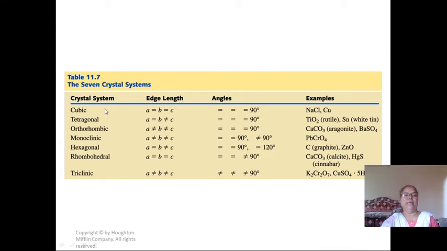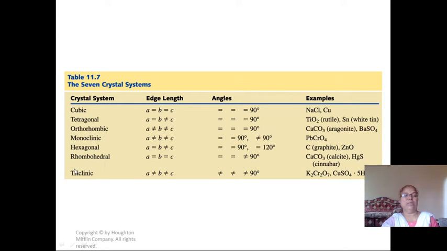See here the 7 crystal systems: cubic, tetragonal, orthorhombic, monoclinic, hexagonal, rhombohedral, and triclinic.